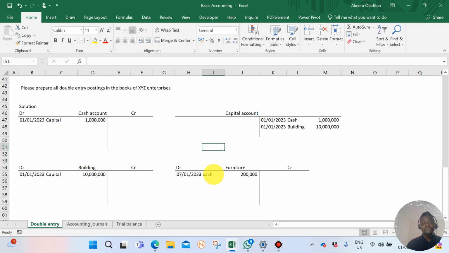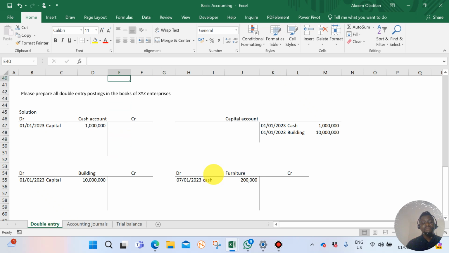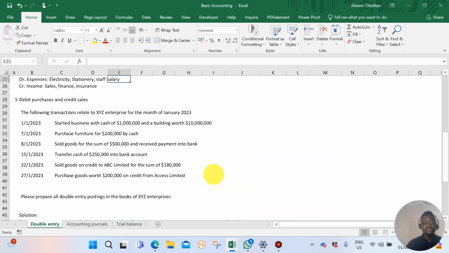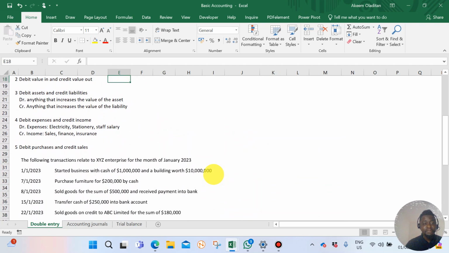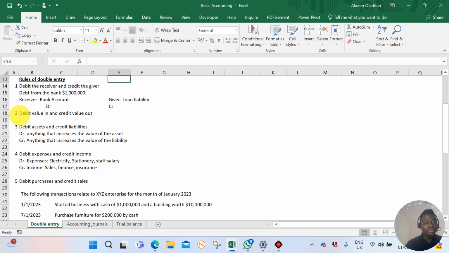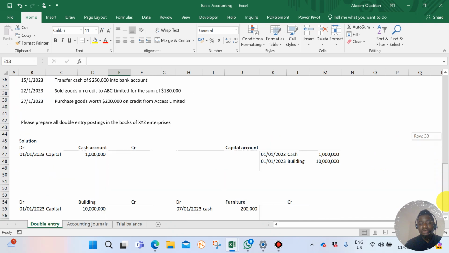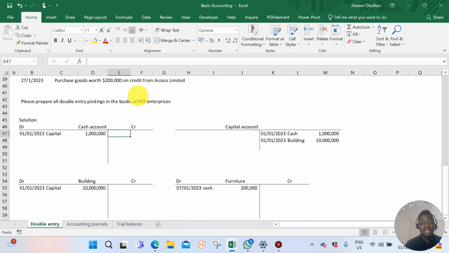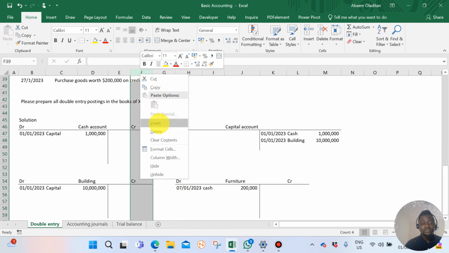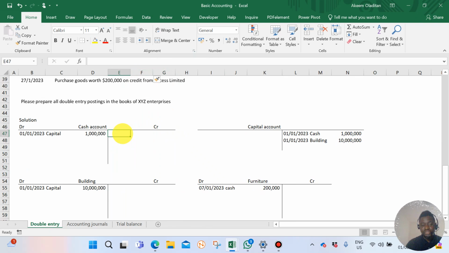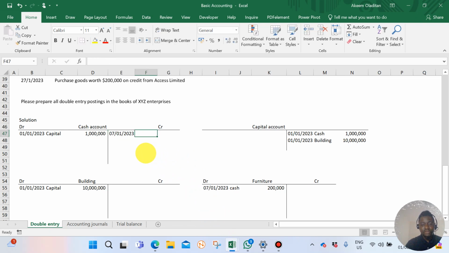You paid cash because $200,000 was paid to buy the furniture. So look at the rule: I said debit value in and credit value out. When you have a value out because you paid cash out, you need to show that you have paid cash out to buy the furniture. So what is the date? 07/1/23. Then what did you buy? You bought furniture.